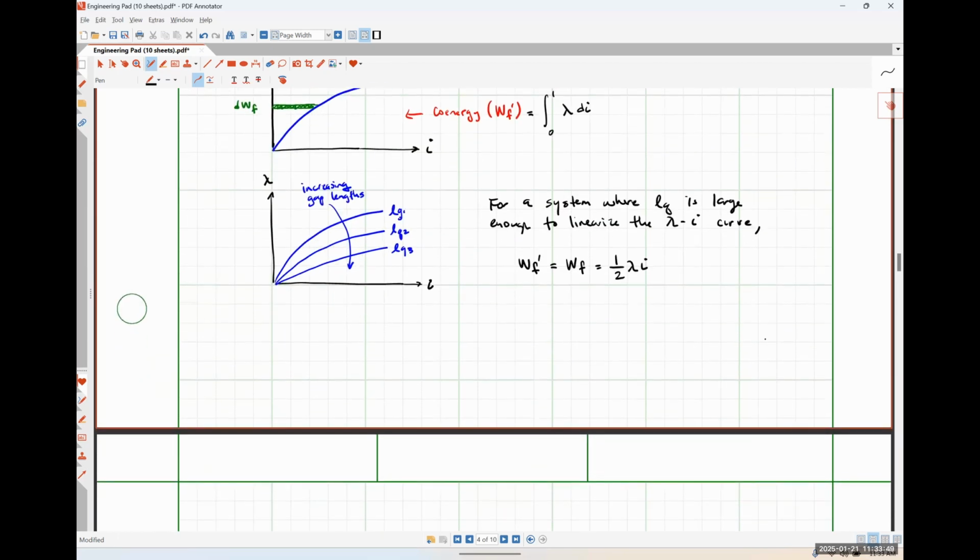So in a magnetic circuit, we know that our MMF is equal to N times I, and this is the closed line integral of H dotted into DL.